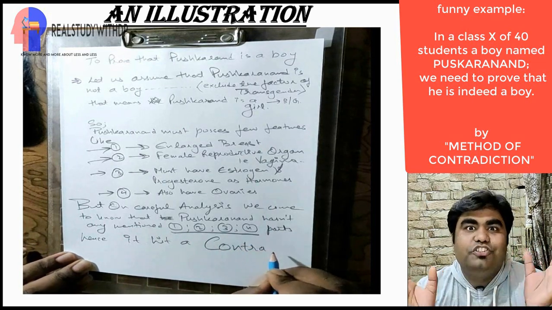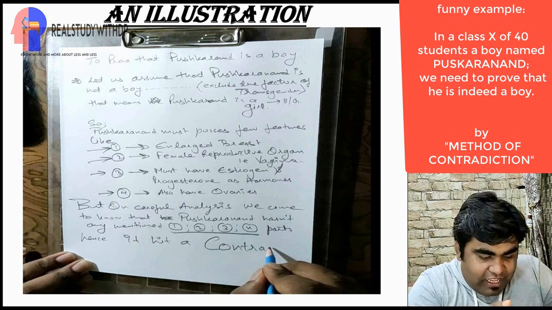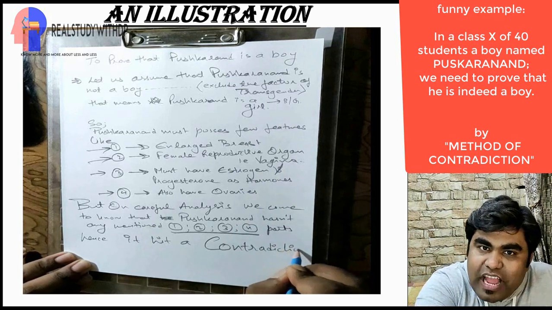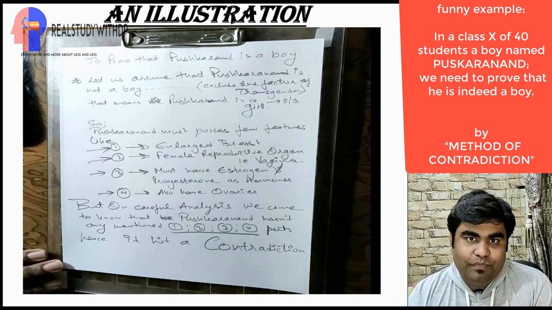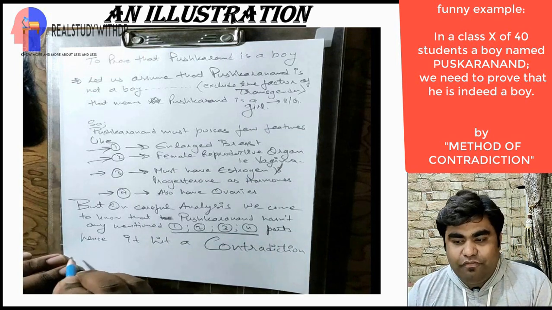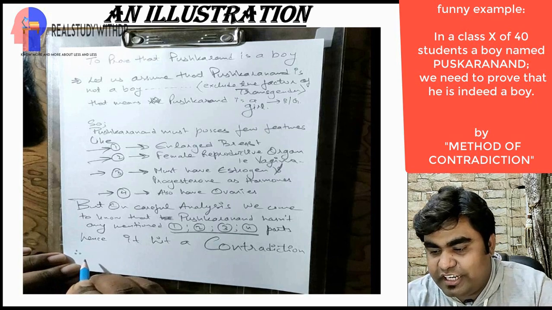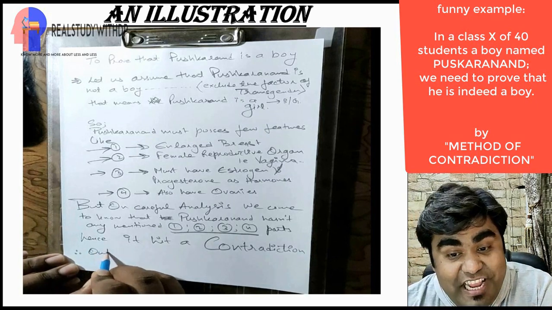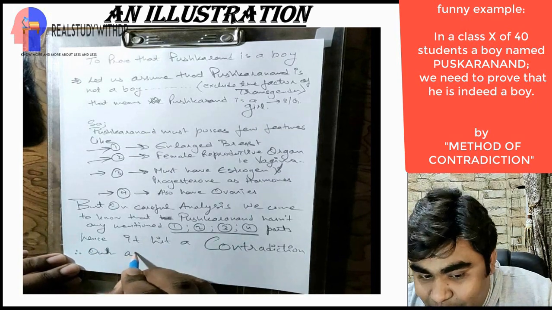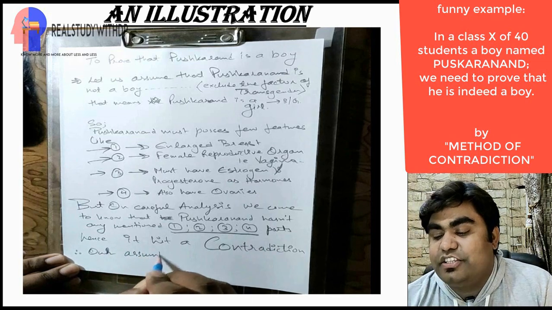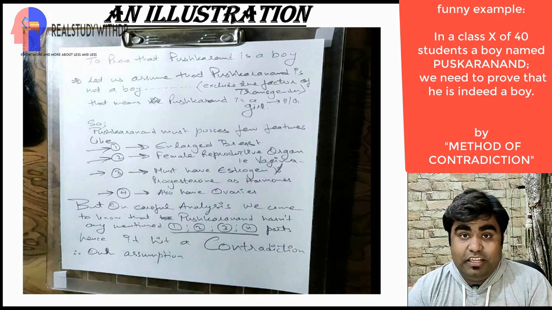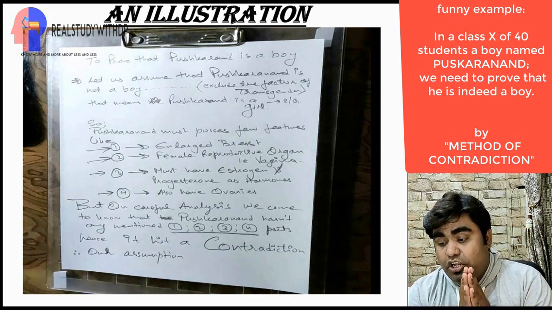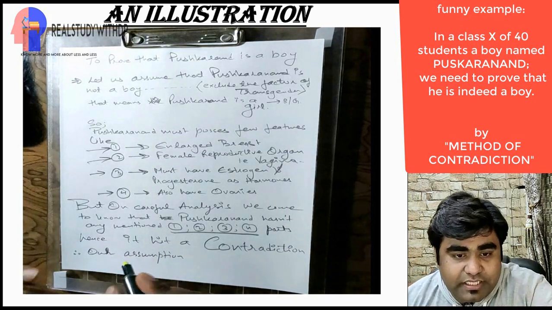Hence, now comes the contradiction part. The assumption that we have taken, that Pushkaranand is a girl, is contradicted. Therefore, after coming to the contradiction, our assumption that the subject Pushkaranand is a girl is actually not true. So what was the assumption?